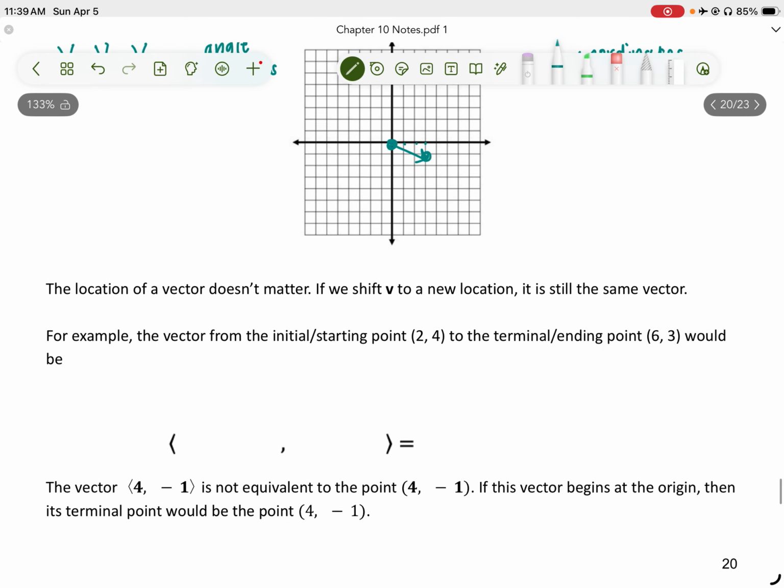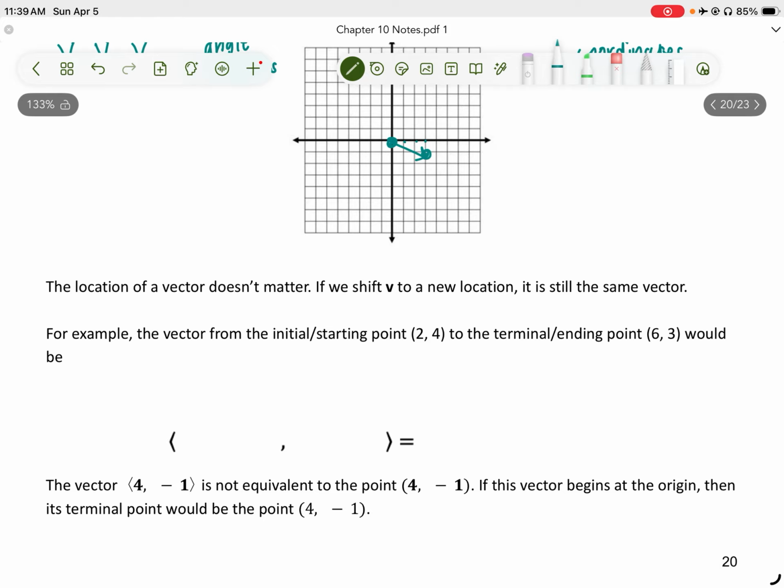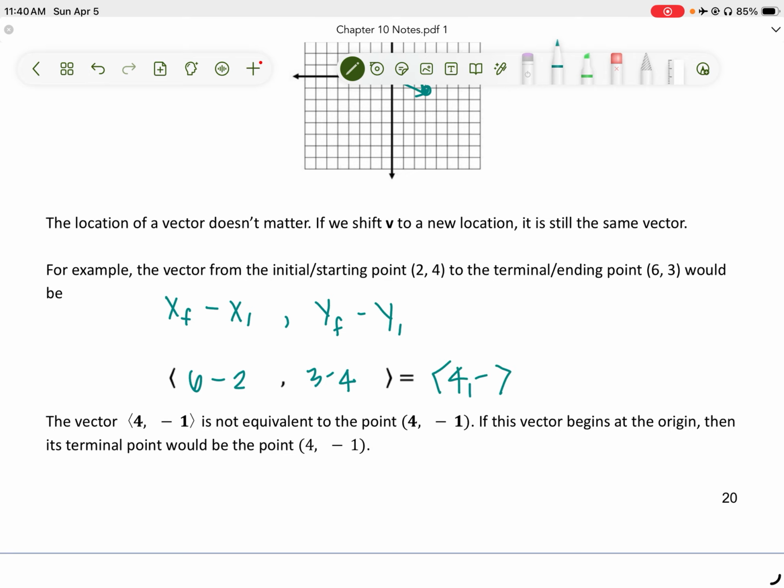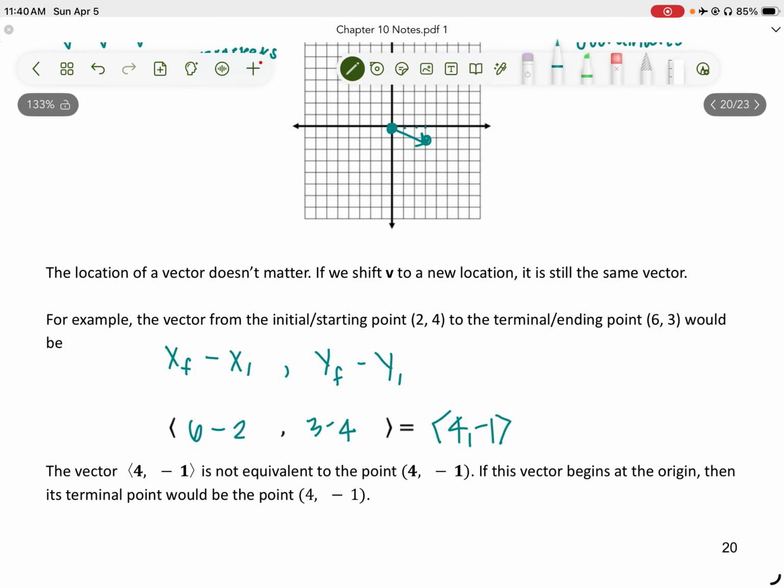Let's think about an example where the initial point is 2, 4, and the ending point is 6, 3. We would have the terminal x minus the initial x, and the terminal y minus the initial y. That's 6 minus 2 and 3 minus 4, which still ends up being 4, -1. So it's all the same. It's really just the arrow, which happens to have that same distance and direction.